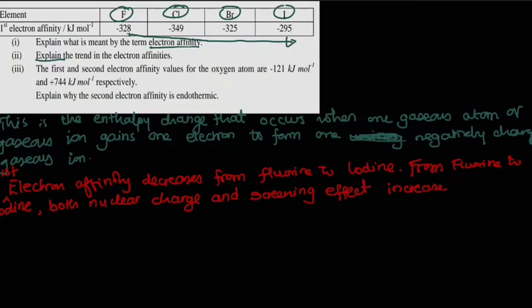That is true because from fluorine to iodine, the atomic number is increasing. Therefore, nuclear charge is also going to be increasing. Screening effect is going to be increasing because we are adding electrons in different energy levels as we go from fluorine to iodine. Therefore, screening effect will also increase.